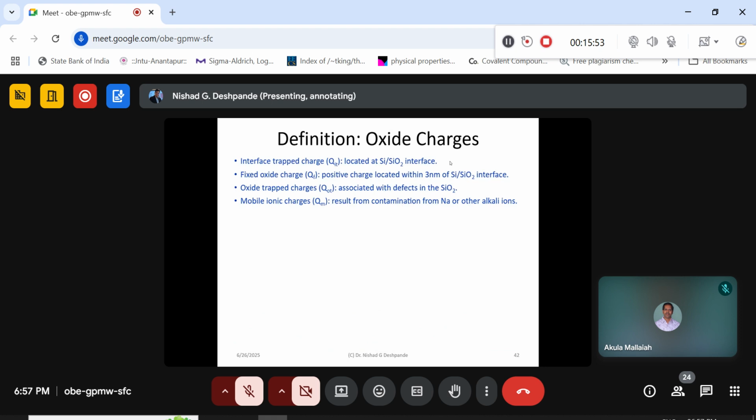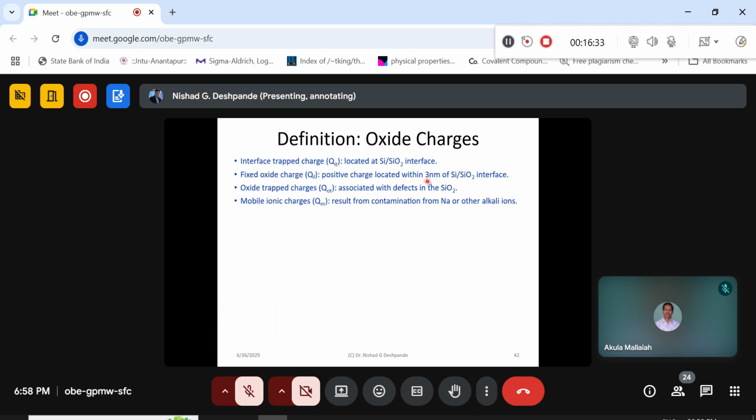You can look at this part. Most of the time, when you are thermally oxidizing the silicon surfaces, there are different oxide charges along the surface and the interface of silicon and silicon dioxide. There exists this transition region, and along this transition region you can find such charges. I'll just use the pointer.